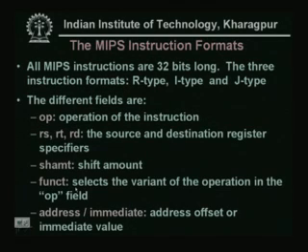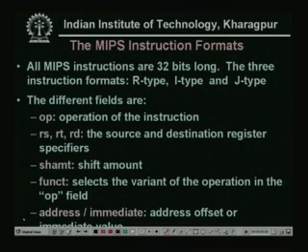So, the MIPS instruction formats: all MIPS instructions are 32-bit long. The three instruction formats are R type, I type and J type.